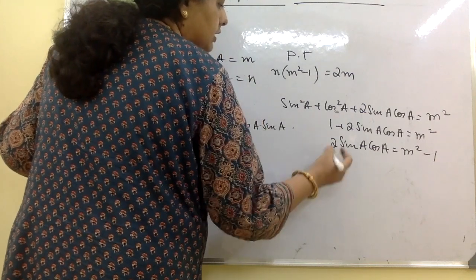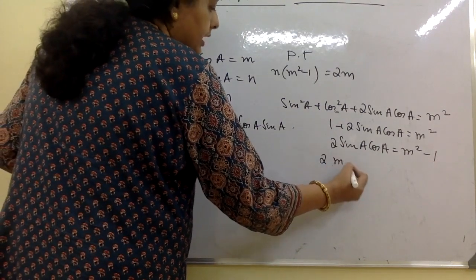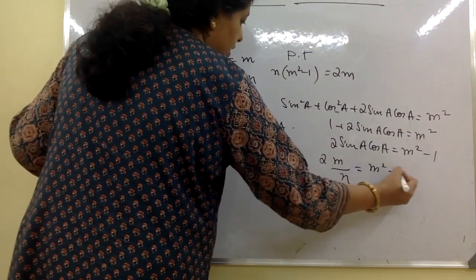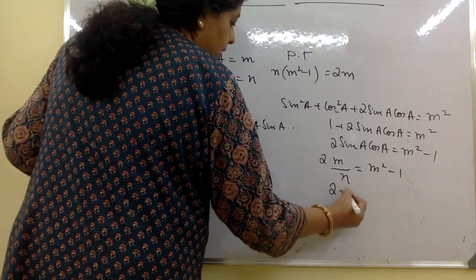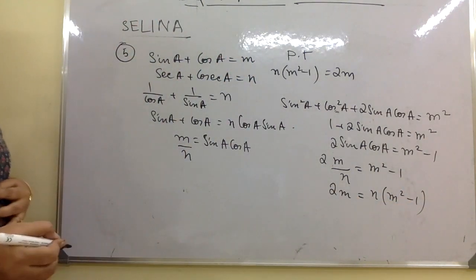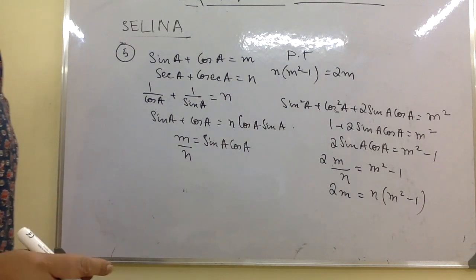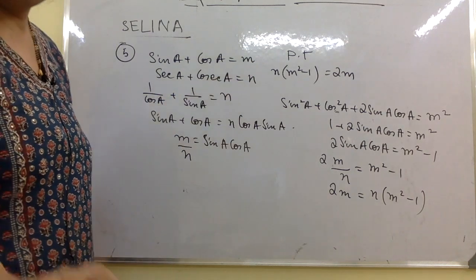So this portion sin a cos a is equal to m by n. 2 m by n is m square minus 1. So 2m is equal to n into m square minus 1. Okay. So this is it. So we have got what we wanted.